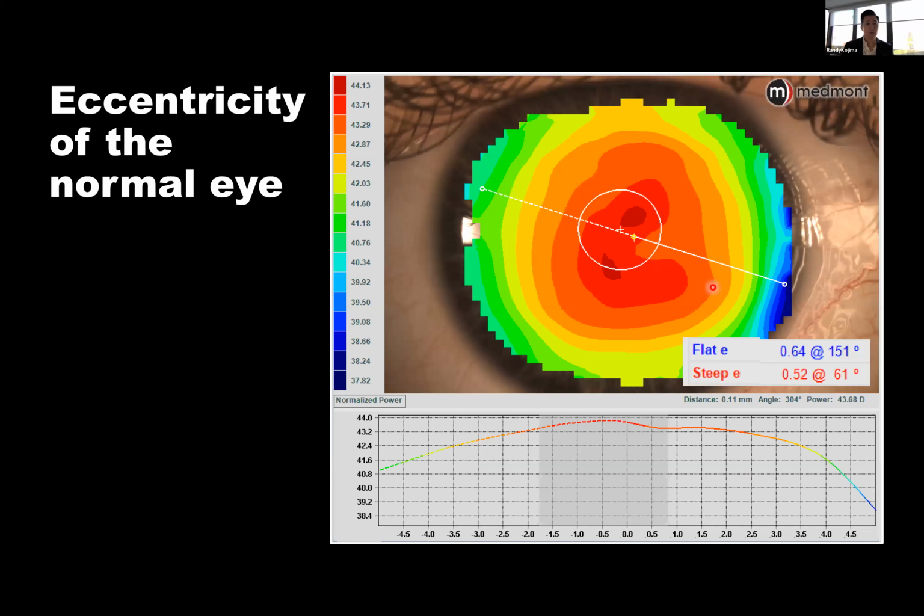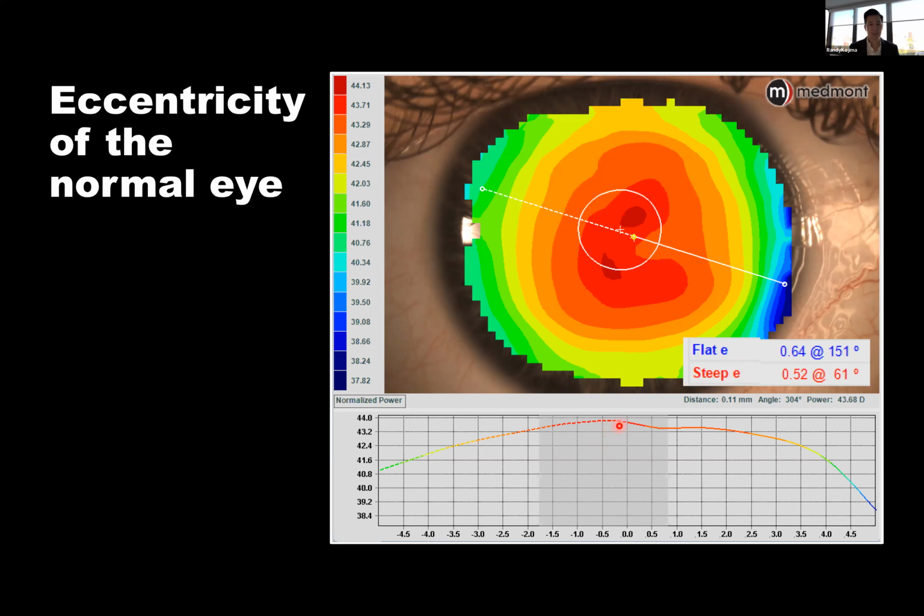Now, if you look at the eccentricity of the normal healthy eye, eccentricity describes the rate of flattening from the center of the eye to the periphery, how the cornea is steepest in the center, flattest toward the periphery, and that's measured as eccentricity, shape factor, asphericity, Q value. There's many ways that all describe a similar thing.